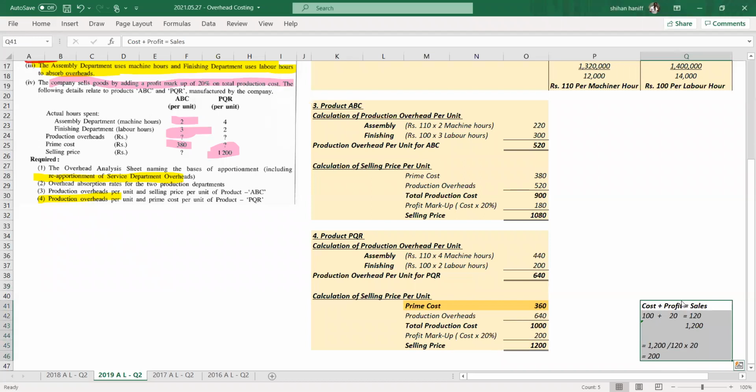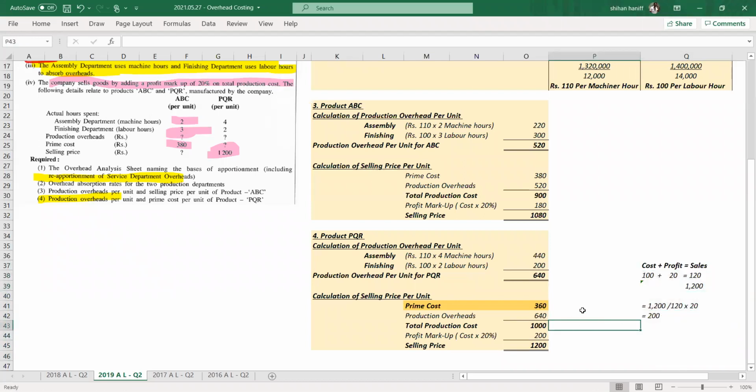Okay, so this markup margin calculation is very important. If you still have doubts, let me know.